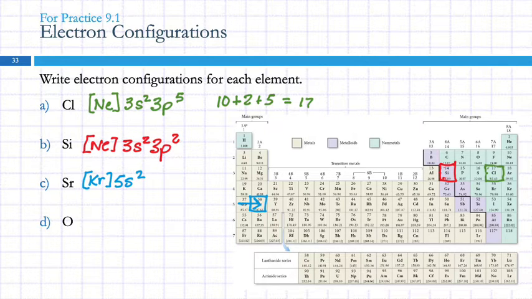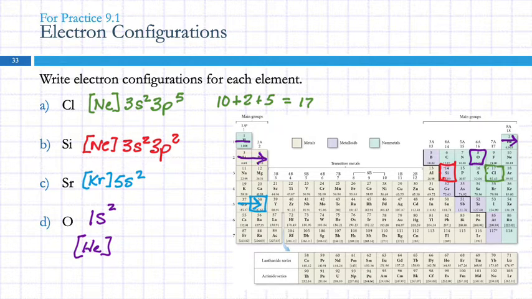And let's do oxygen. So oxygen is up here. Let's skip the noble gas one for this because it's kind of silly, isn't it? Let's just do the whole thing. So we've got 1s2, because again, helium kind of belongs over here, right? So that's 1s2, which could be abbreviated as helium.